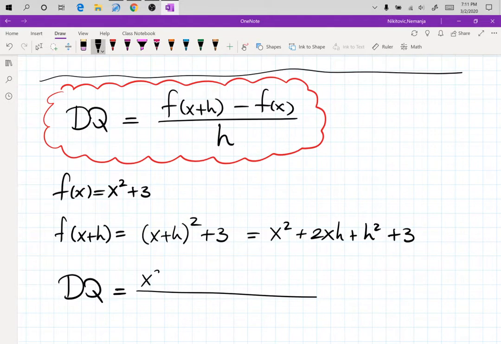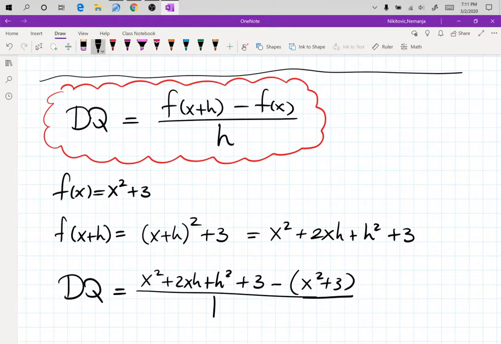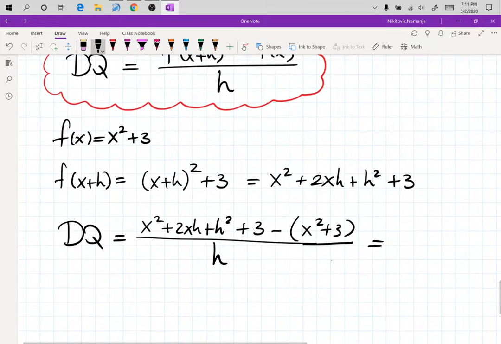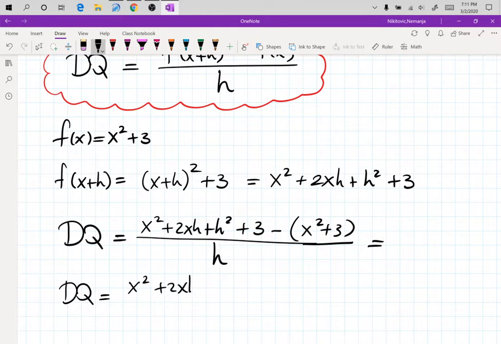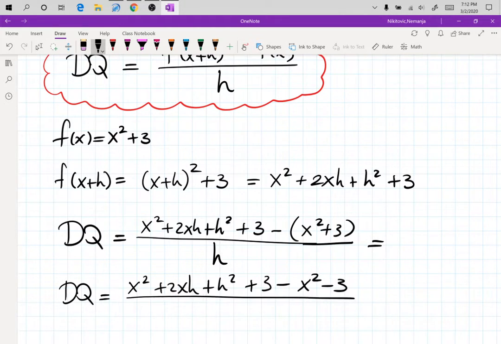We have x squared plus 2xh plus h squared plus 3 minus f of x, which is x squared plus 3 in parentheses, because that minus needs to distribute to each term. Everything divided by h. The difference quotient is now x squared plus 2xh plus h squared plus 3 minus, kill me now, x squared minus 3, divided by h.